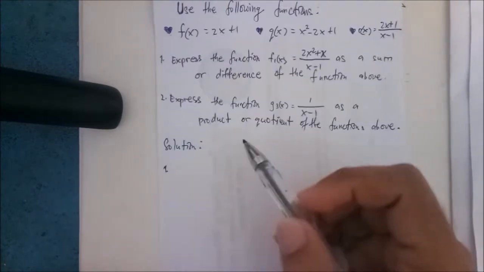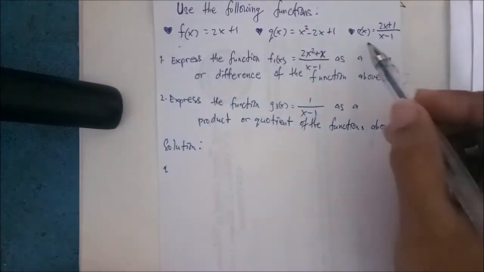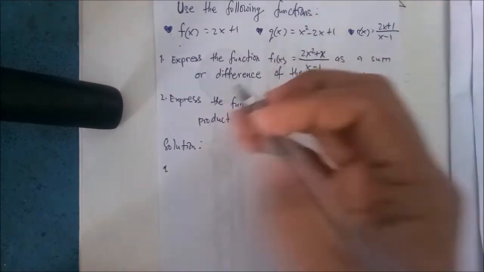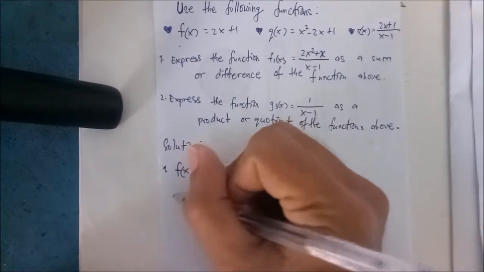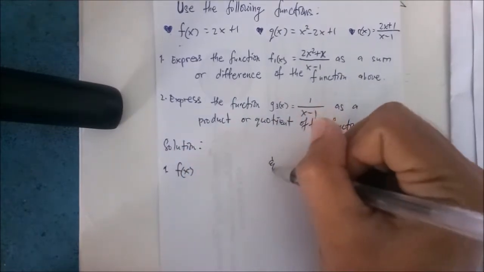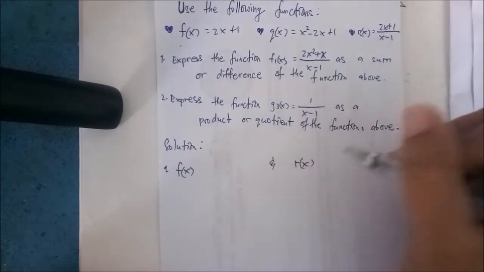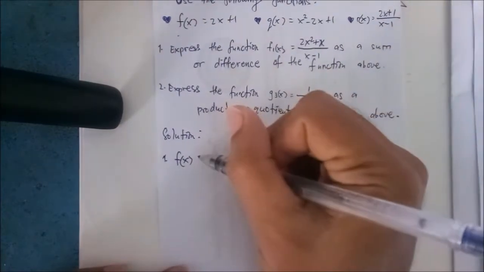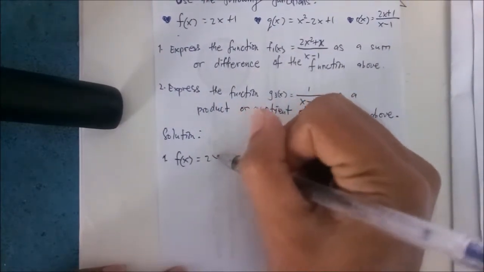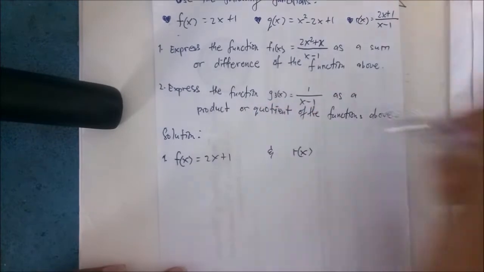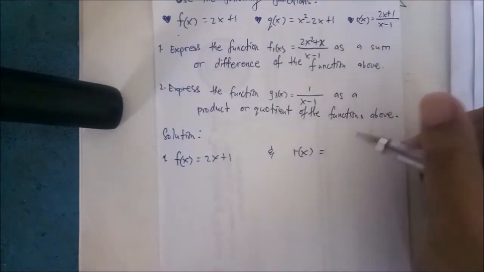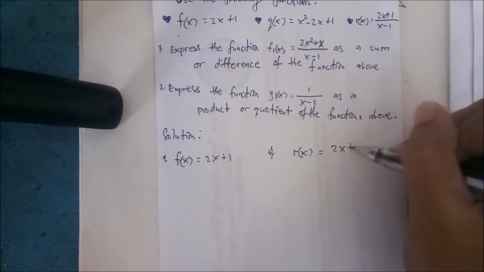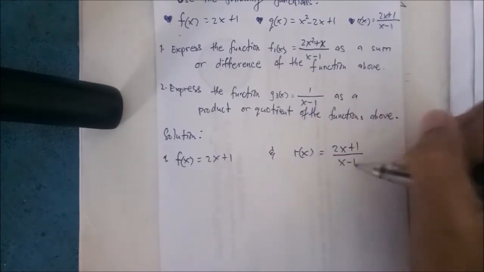So I choose f of x and r of x. The value of f of x is 2x plus 1, and the value of r of x is 2x plus 1 over x minus 1.